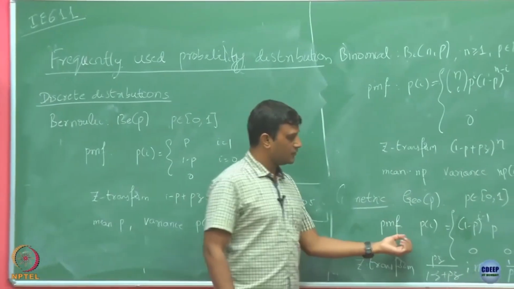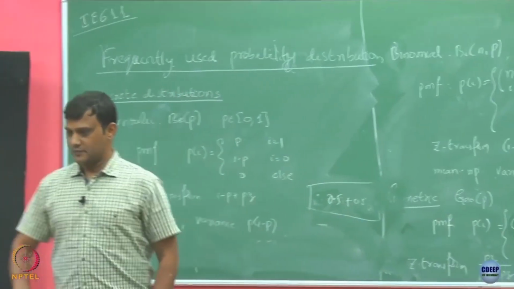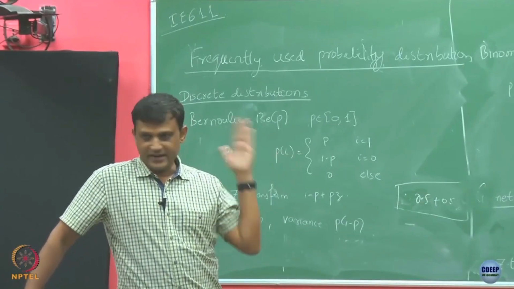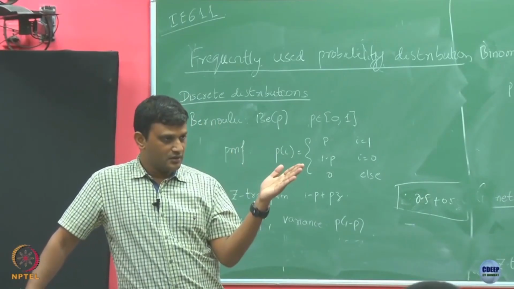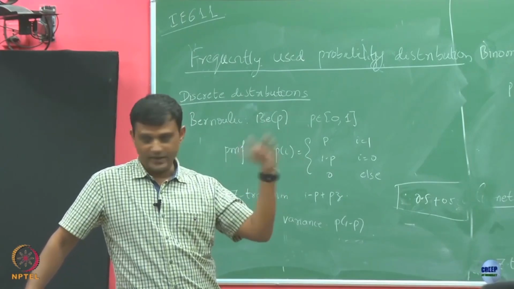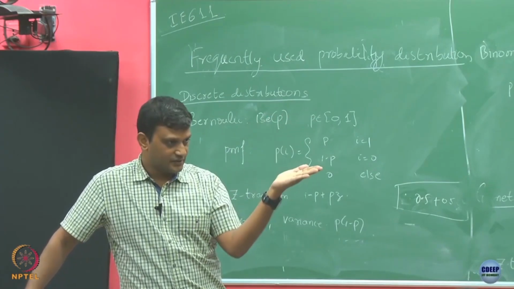Now suppose you have a case where you want to model something like this: it is not necessary that every time I try, I am going to succeed, but I keep repeating the same thing again and again till I succeed.